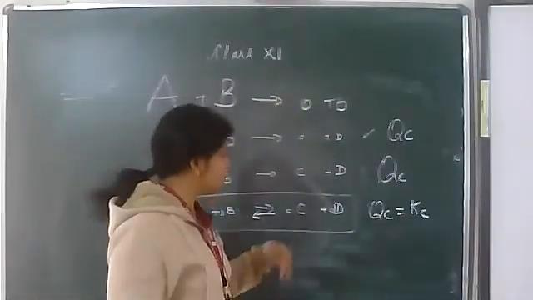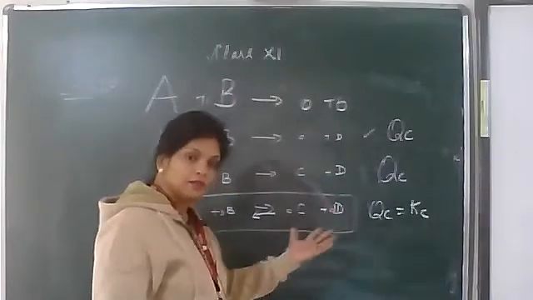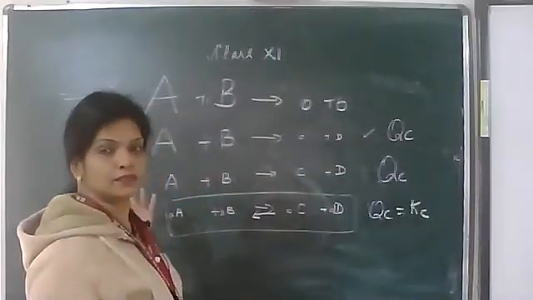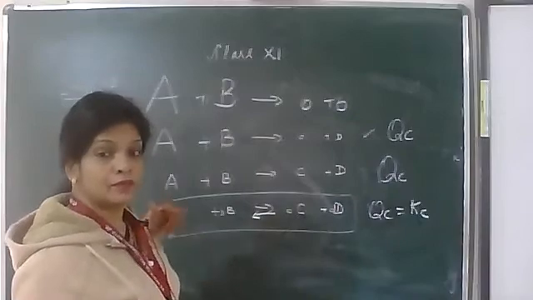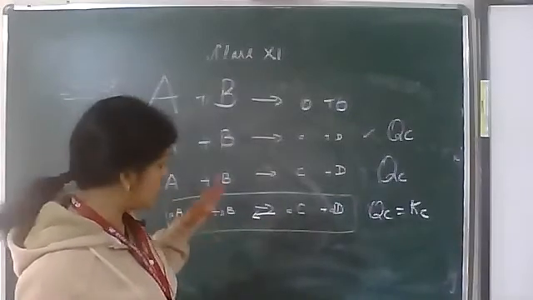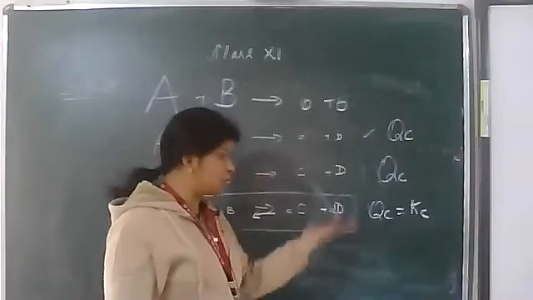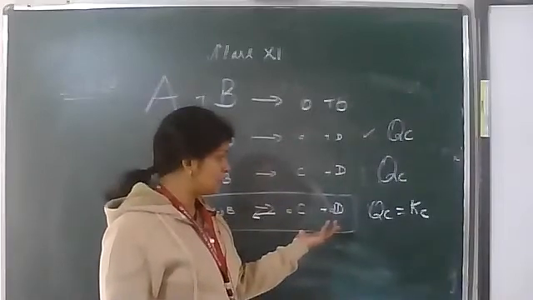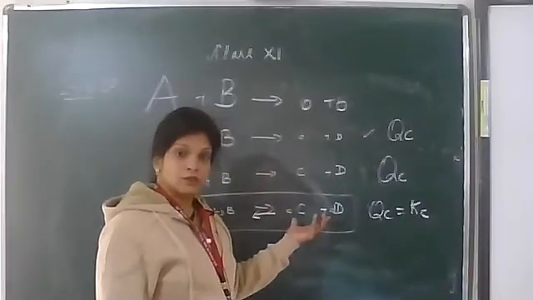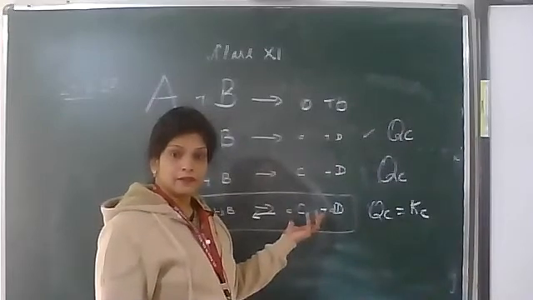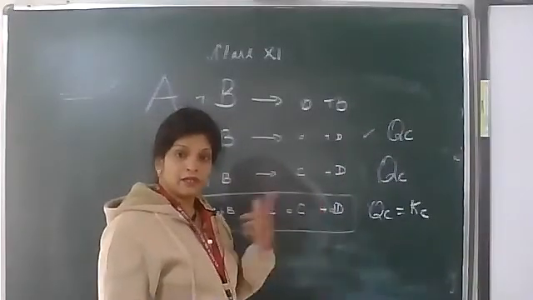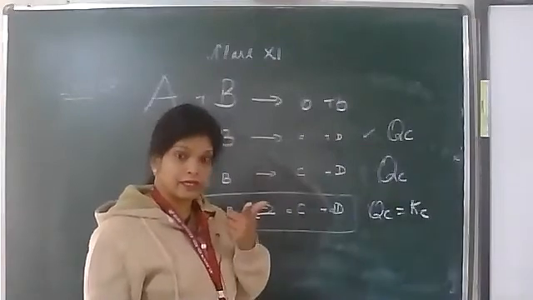How? If you add some products into this, then they will move back to form the reactants. That time, Qc. When you add little more C and little more D to this, then what will happen? Numerator will be very high. Then Qc value will be very high.